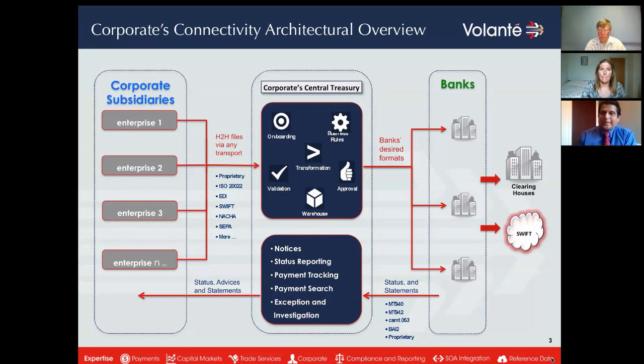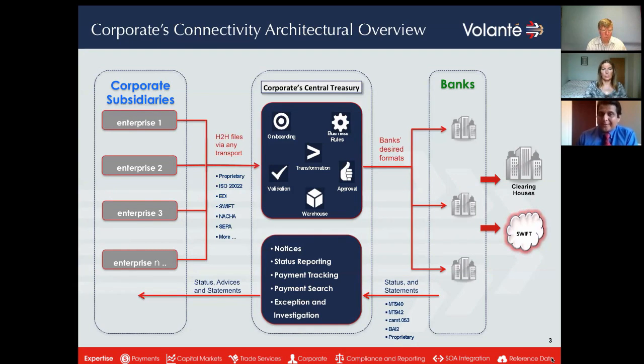What you see here is your subsidiaries on the left-hand side. You see your banking relationships on the right-hand side. The central part, which is the central treasury, now takes all the information from its various subsidiaries, irrespective of the formats that those subsidiaries' TMS systems might generate.